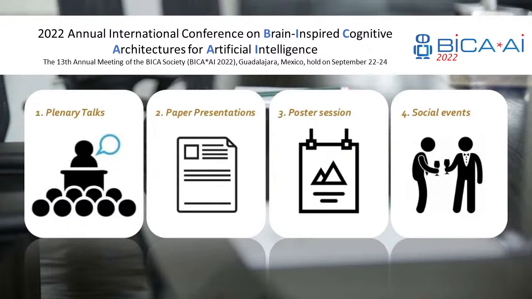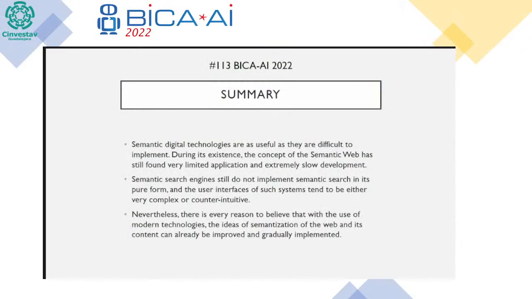And what will my talk be about? This state-of-the-art research is about to outline the current state of semantic technologies and their possible development path. A significant part of the content of the World Wide Web is intended for human reading and not for program processing, especially intelligent processing.